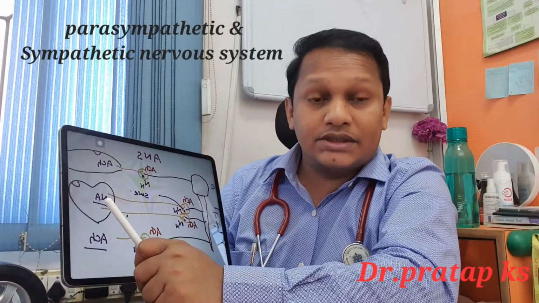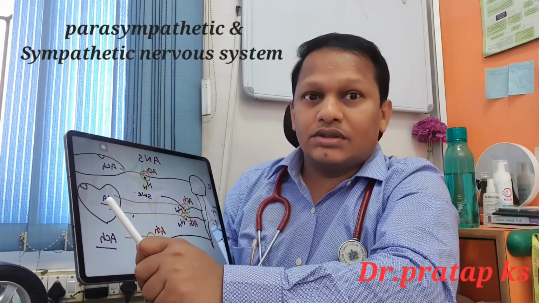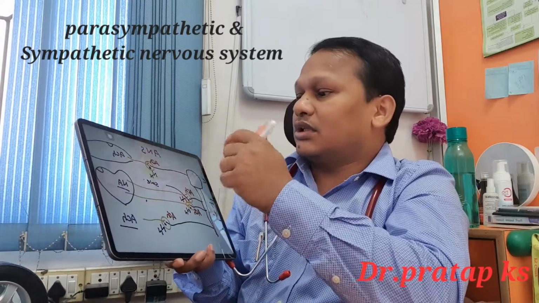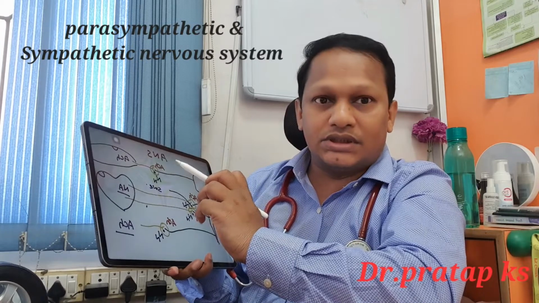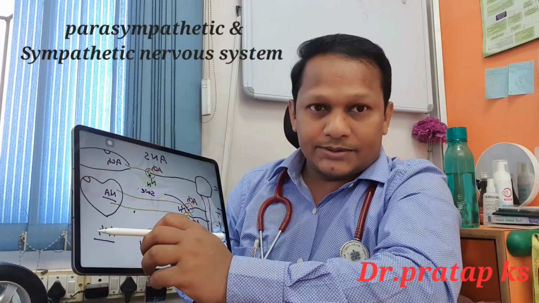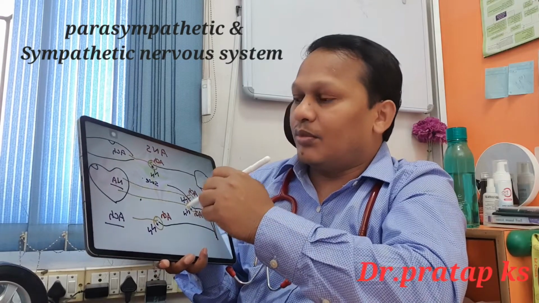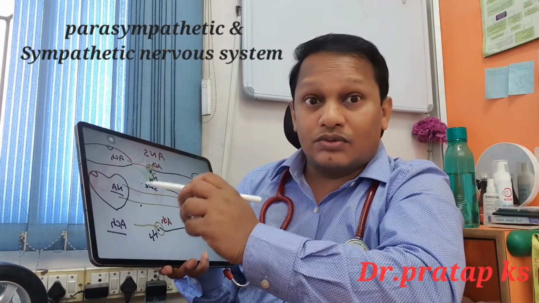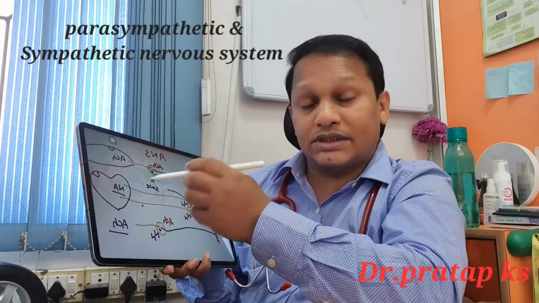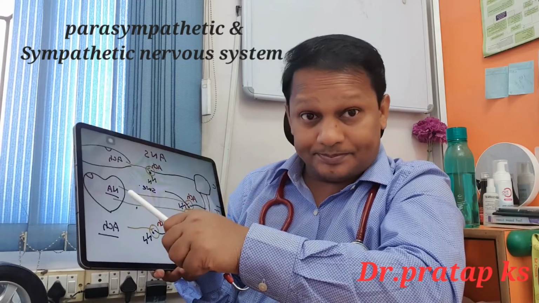The next part is receptors. In the nerve to nerve junctions, the neurotransmitter is acetylcholine in both sympathetic and parasympathetic. But in the neuromuscular junctions, in parasympathetic it is the same acetylcholine. That's why it is called cholinergic.